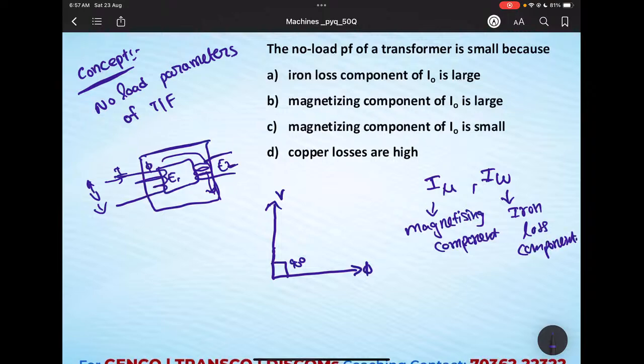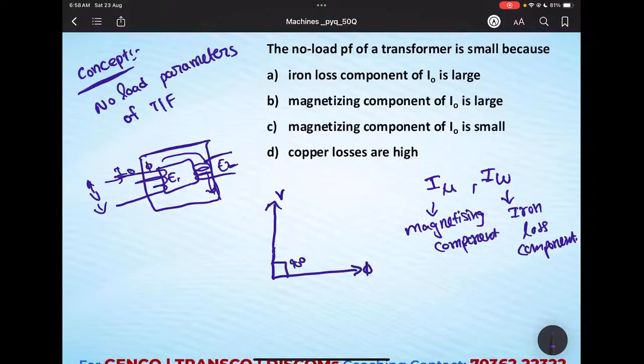If we excite the transformer with the voltage V, what is going to happen? It will draw some current, and the current drawn is for two purposes. First purpose is for generation of flux in the core. Once flux gets generated, some amount of energy is wasted in the form of iron losses. In order to compensate that iron loss, some more current we need to draw from the source.